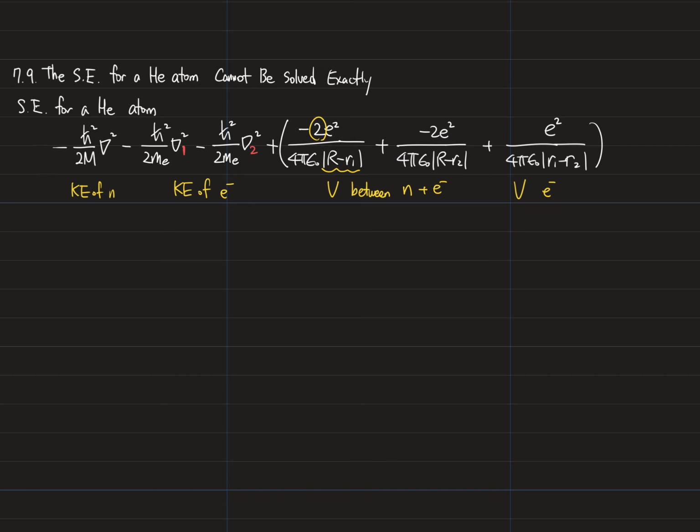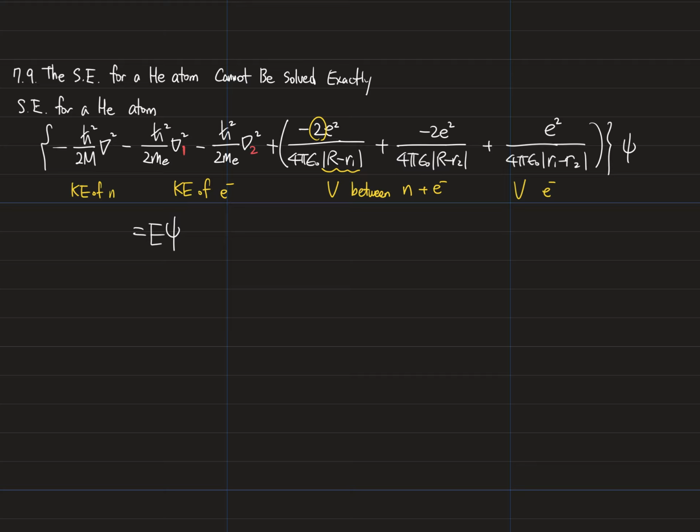So to complete the Schrödinger equation, something like this. We can group each term to make this equation solvable.